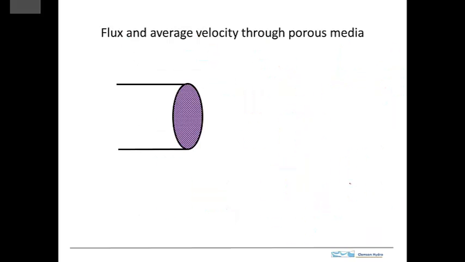We can take this principle and apply it to the flow through porous medium. So here's our pipe, and it's filled with sand. And what we see here is that the flow is going through the pores in between the sand. And so if we think of the pore space, kind of the cross-sectional area that's presented by the pores, that would be the area of the flow, the area through which flow is possible.